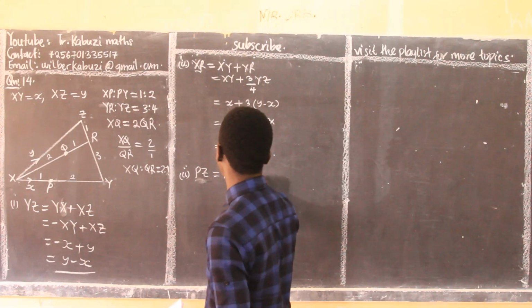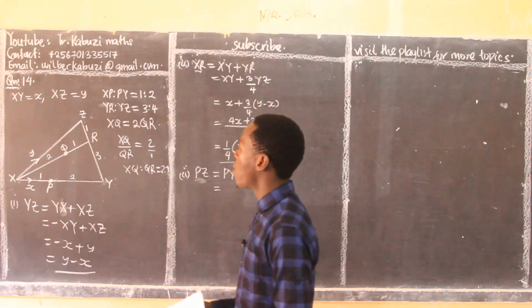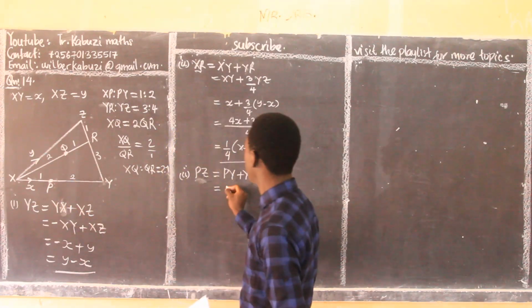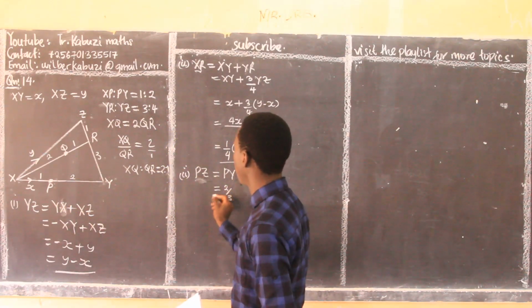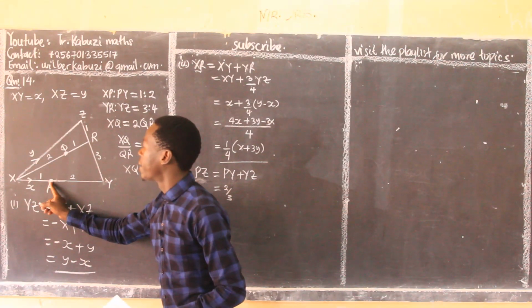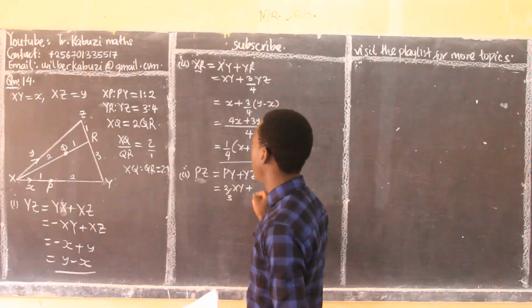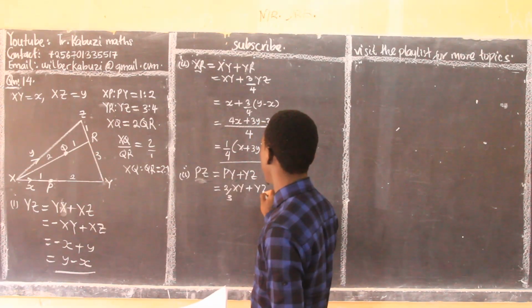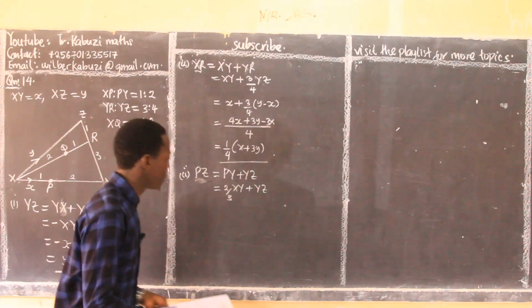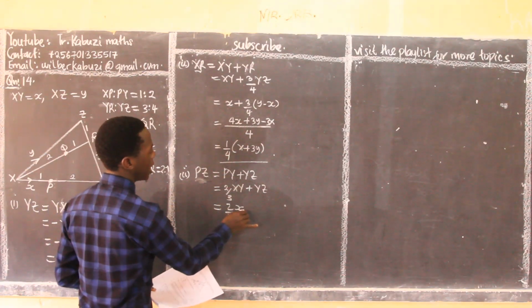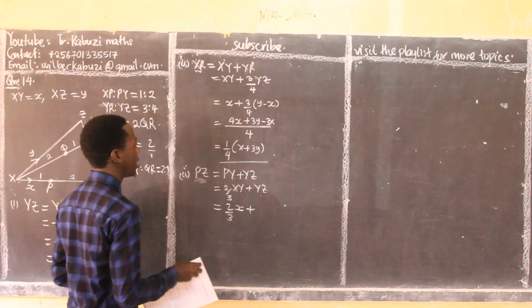plus YZ. My PY, you see that PY is a segment, so it's 2 out of 3 of the whole thing, XY, of XY plus YZ, which I have already. Substituting now there, this will give us 2 over 3 into X plus YZ.